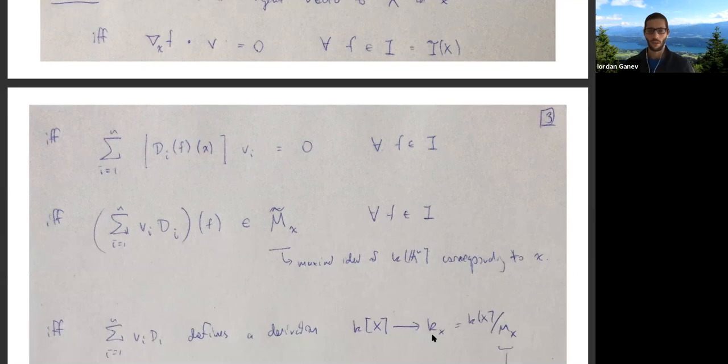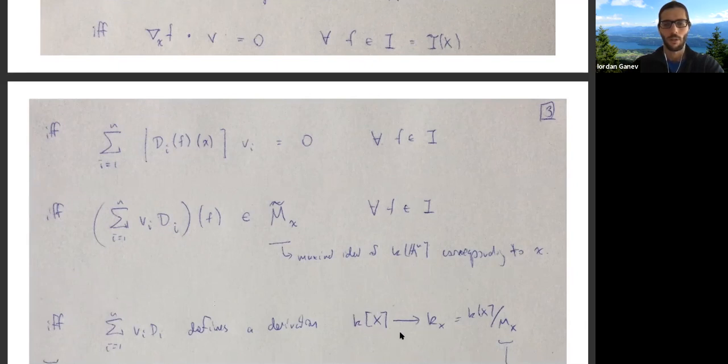So this is the one-dimensional representation of the affine algebra of either k[A^n] or k[X]. And if we do this composition, then we know that it will vanish on everything in the ideal. So that's why we get a derivation like so.